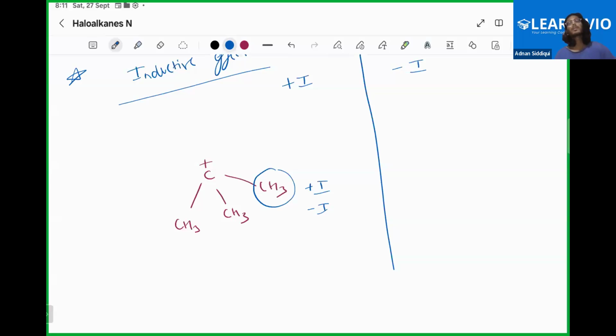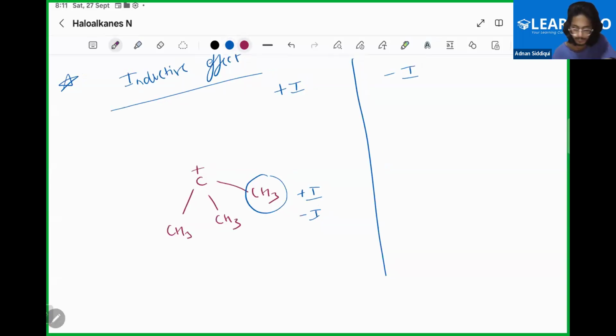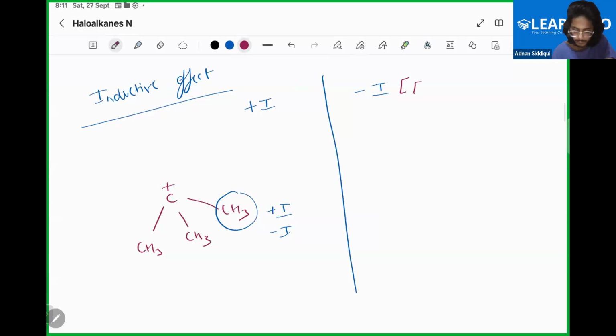And plus I is like the electron will shift towards the positive. Minus I is electron withdrawing, withdrawing the electron from our compound or species. Plus I is electron donating.